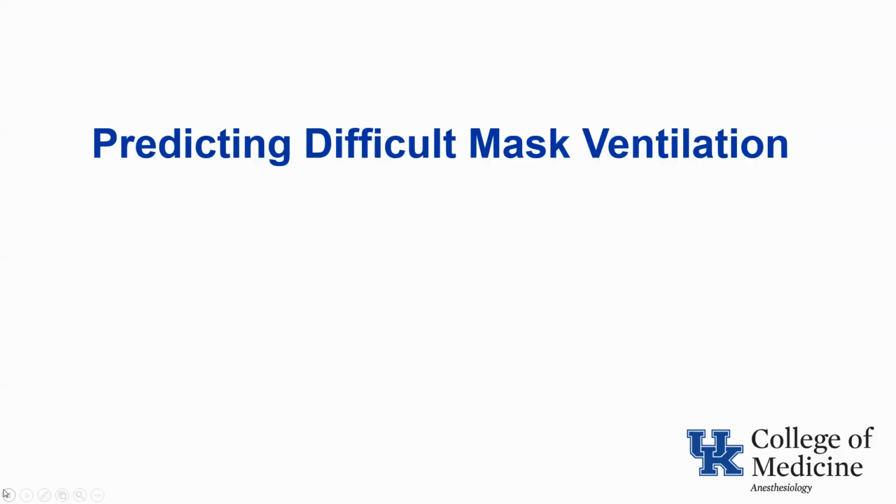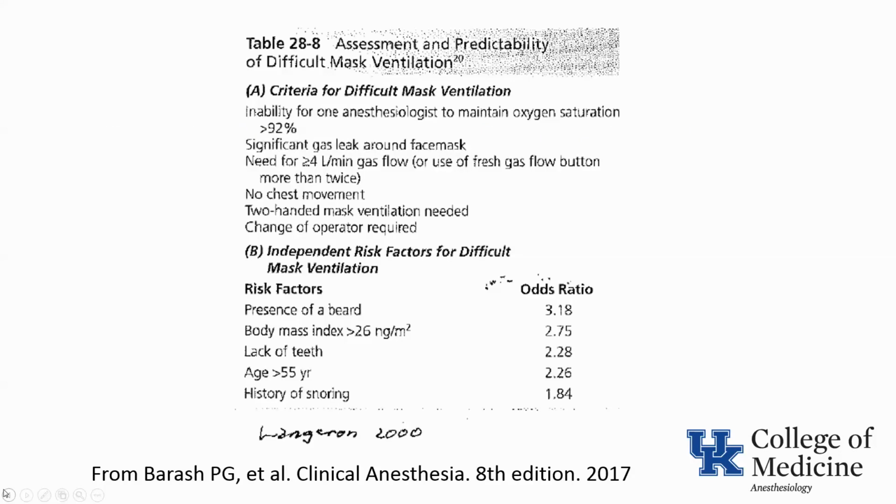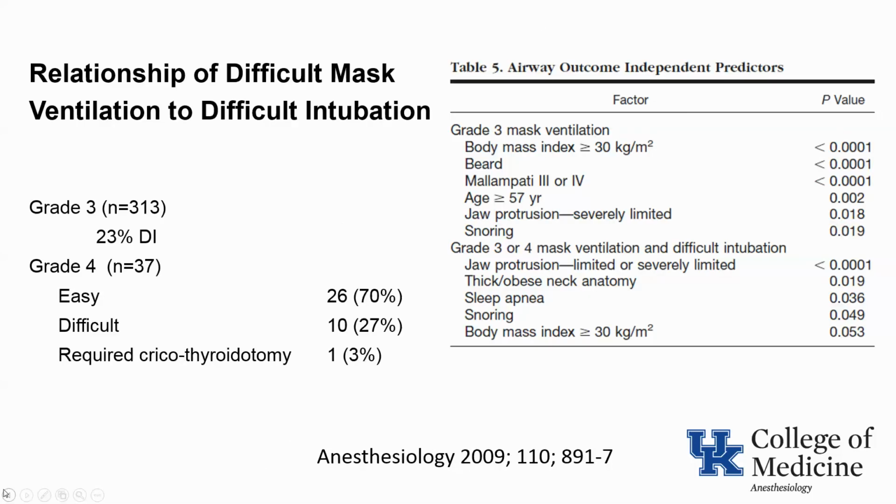So let's turn to the issue of predicting a difficult mask ventilation. There have been a number of papers written on this. This is a summary from Barash. And this is a nice paper from Anesthesiology defining the relationship between difficult mask ventilation and difficult intubation.